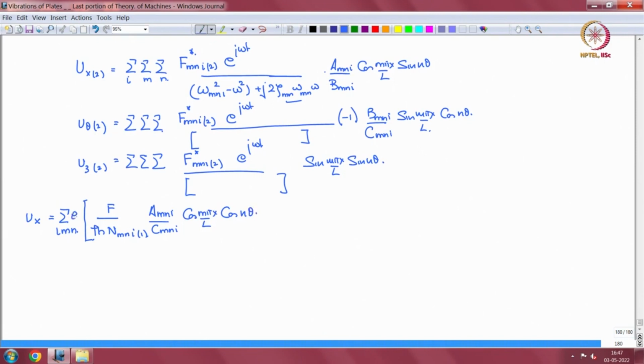I will put e to the power j omega t here, then divided by the frequency term. That is from the first set.